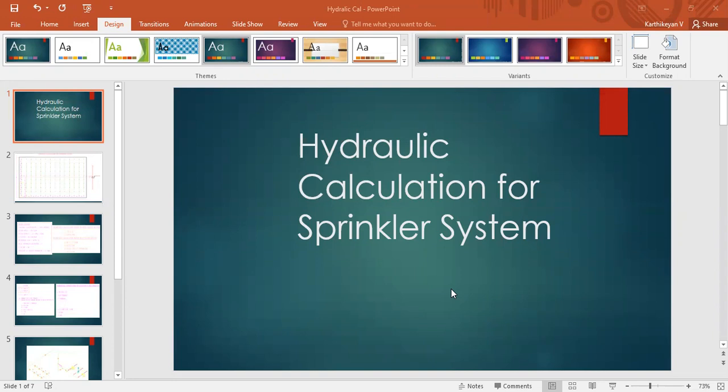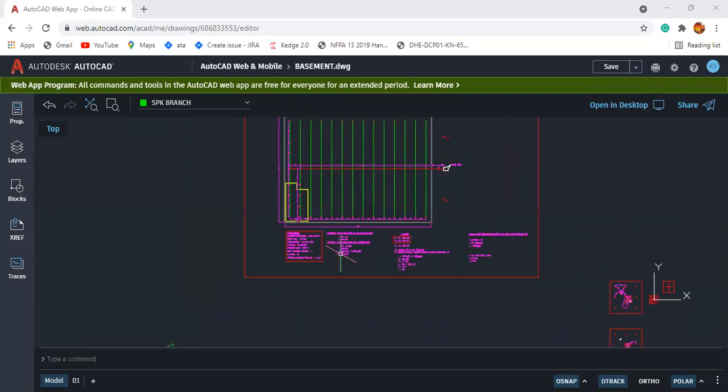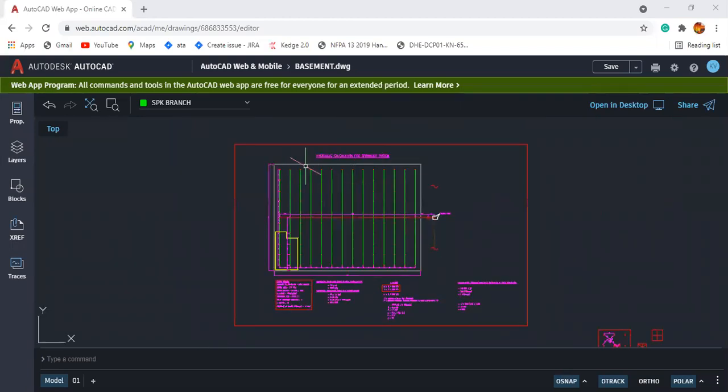So let me share my AutoCAD screen. This is a building, this is a floor, and we are going to run the calculation for the sprinkler system.